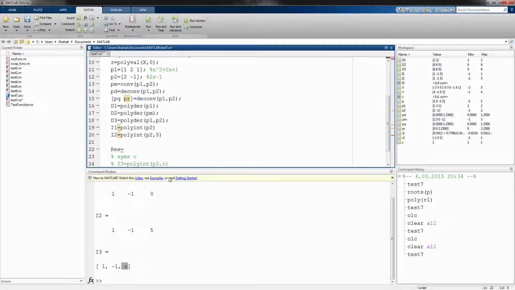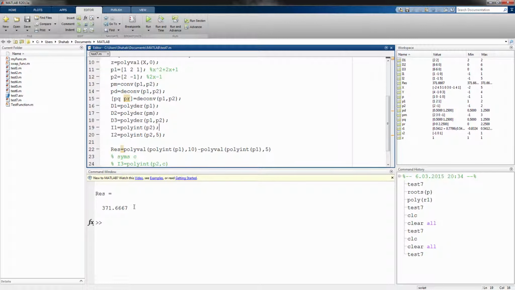Now I know that I need to find the polyint of this time P1, but I want to calculate the value from 5 to 10 based on the first fundamental theorem of calculus, and we will use the polyval of this when it is 10 minus the same thing, because I have to find the result of the integral which already polyint gives me, and then I have to put the values at 5 and at 10, and I have to subtract them from each other, and if I do it, this is what I get.